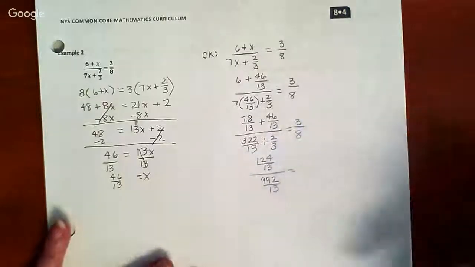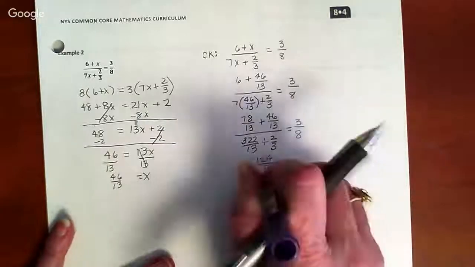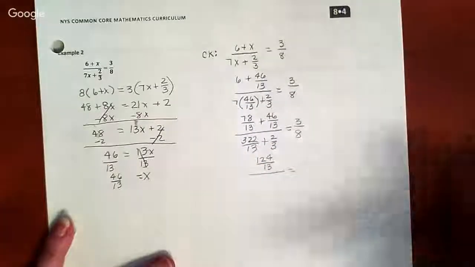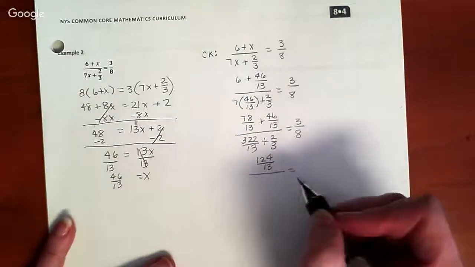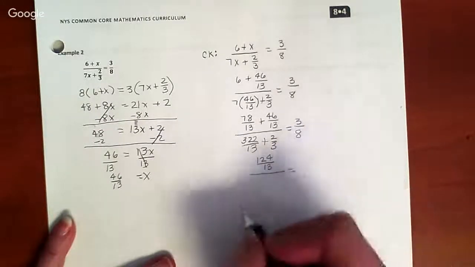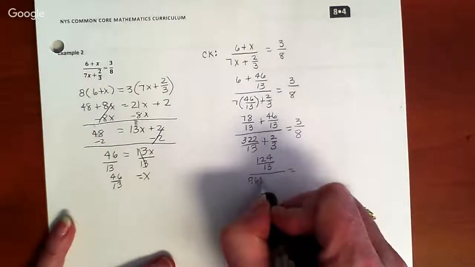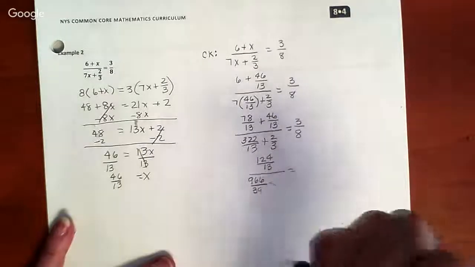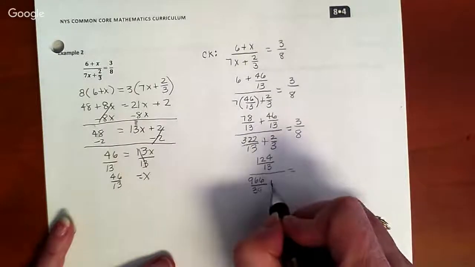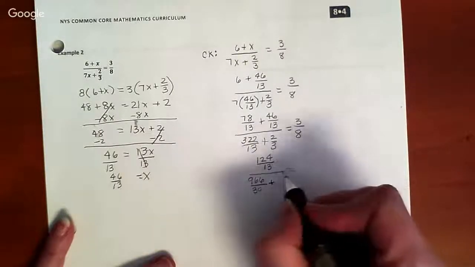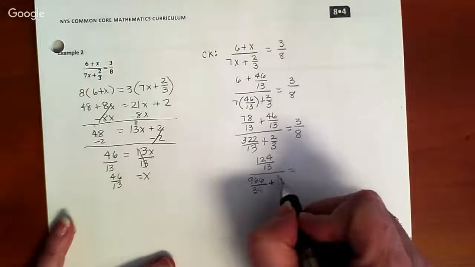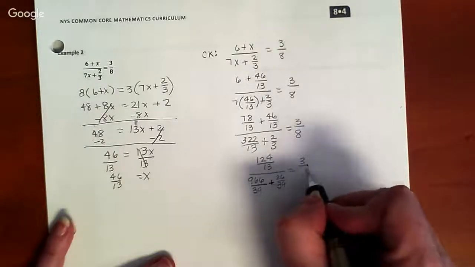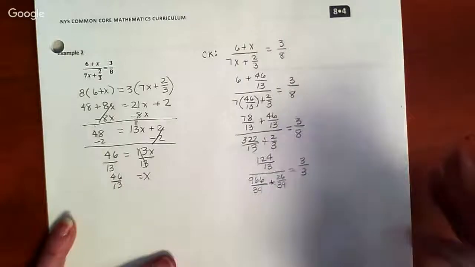Oh, let me fix that. Find a common denominator here, ladies and gentlemen. So we get 966 over 39 plus 26 over 39, and that's over 3/8. Sorry.